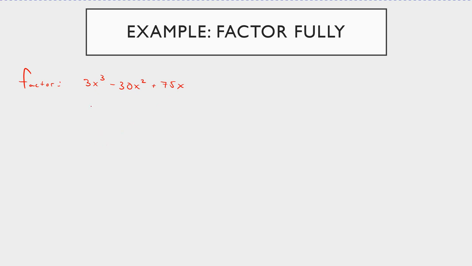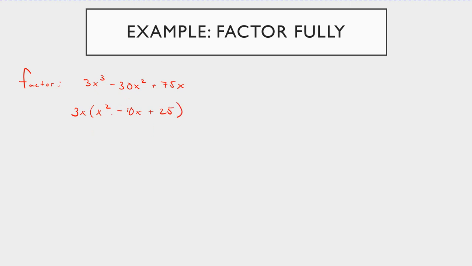The first thing I might recognize is there's a greatest common factor I can factor out. 3, 30, and 75 you can all factor a 3 out of, and x cubed, x squared, x, you can factor an x out of. So when you factor out the greatest common factor, you're left with x squared minus 10x plus 25.